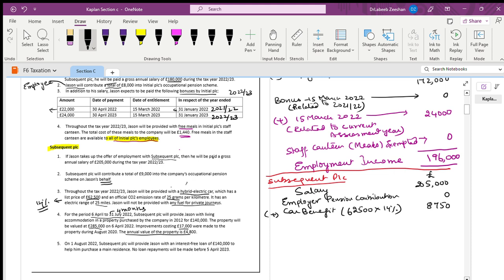Annual value is how much? 4,800. They are providing you accommodation. Add living accommodation for 4 months only. 4,800 times 4 divided by 12.